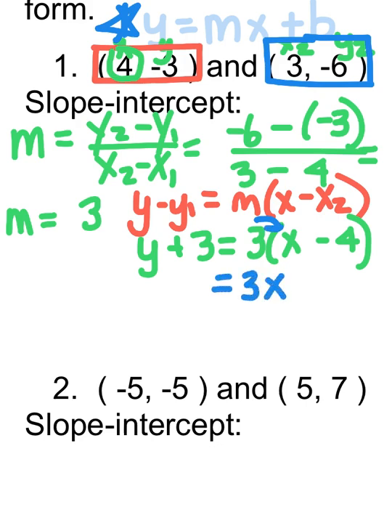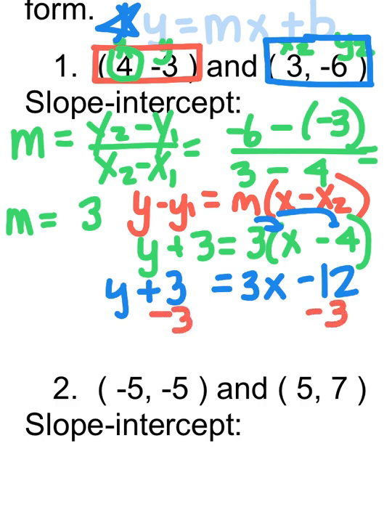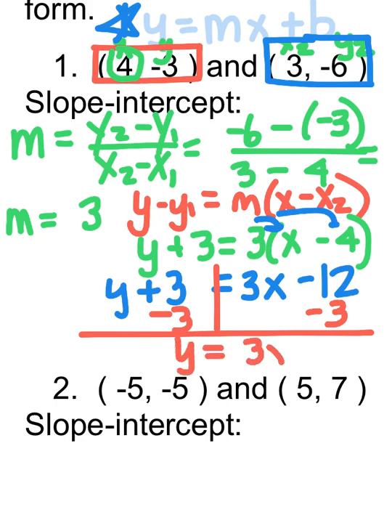So we have 3x minus 12 equals y plus 3. We'll isolate the y by doing the opposite on each side. So we'll end up with y equals 3x minus 15. That's the slope-intercept form of the line.